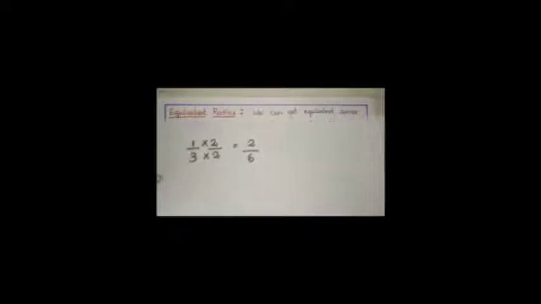Again, let's choose one number. Let's take 3. So 1 by 3. You have to multiply both the numerator and the denominator with the same number. So I am multiplying 3 with the numerator and 3 with the denominator. So what will you get? 1 3s are 3, 3 3s are 9.